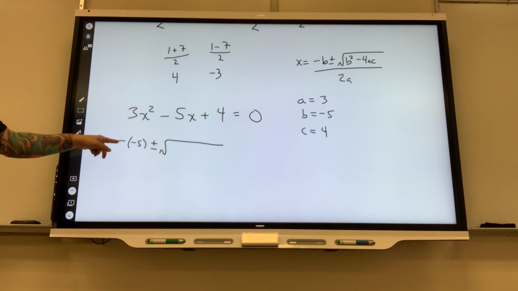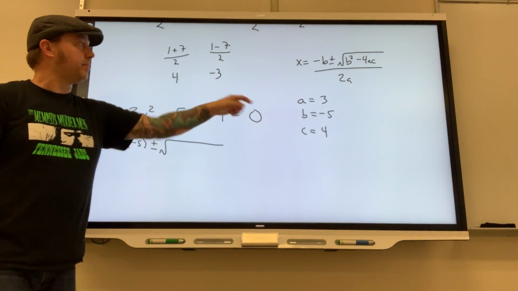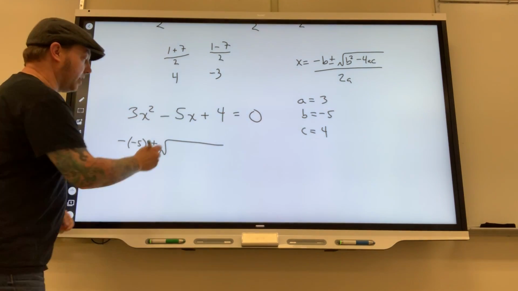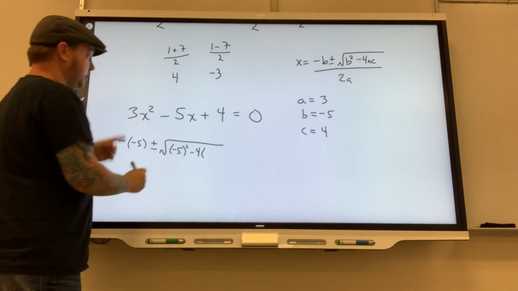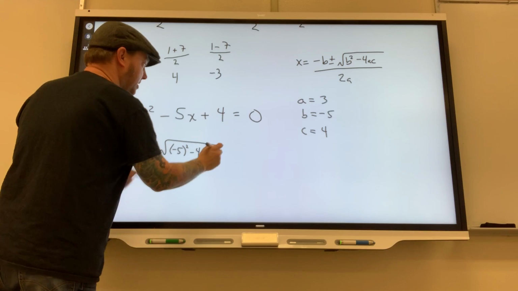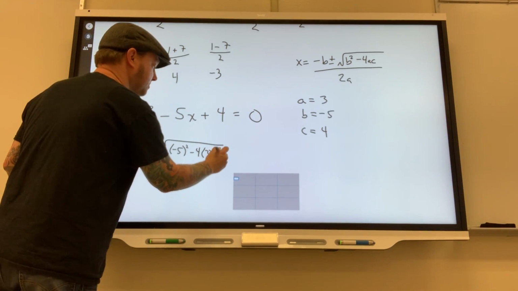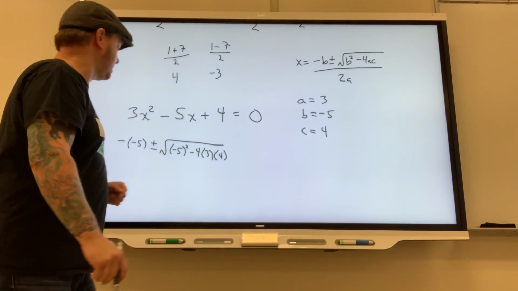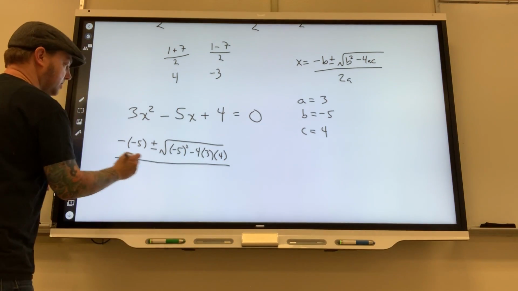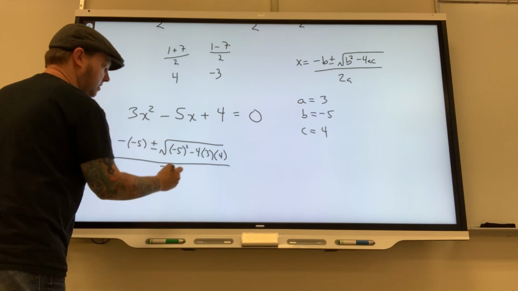Negative b, negative 5. Plus or minus the square root of b squared minus 4 times a times c. Right? 4ac. All over 2a.